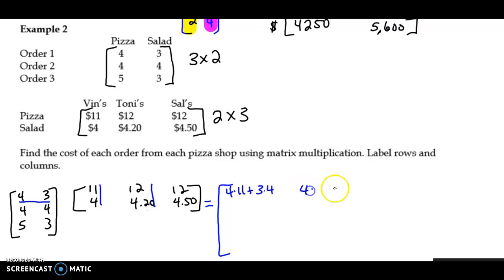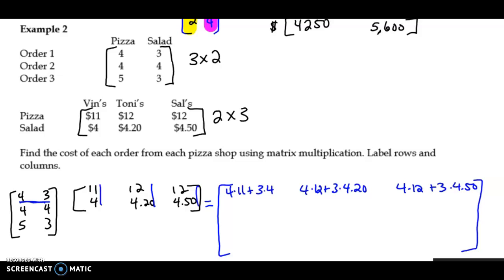So again, 4 and 3, but this time at Tony's, the pizza costs $12 and the salad costs $4.20. Okay, and then the first row times the third column. So we've got, again, 4 and 3, but at Sal's, the pizzas are $12 and the salads are $4.50.